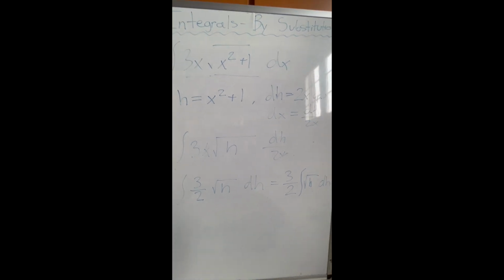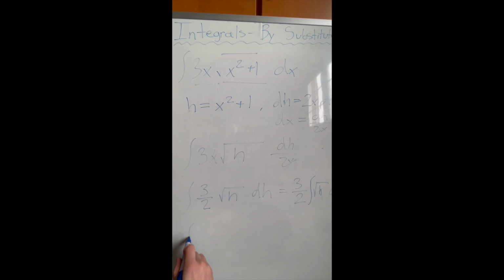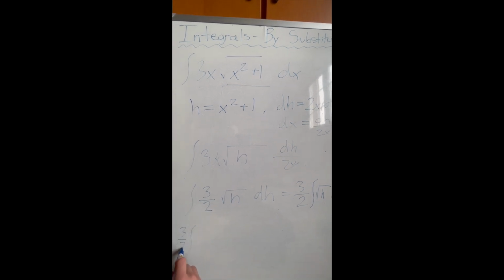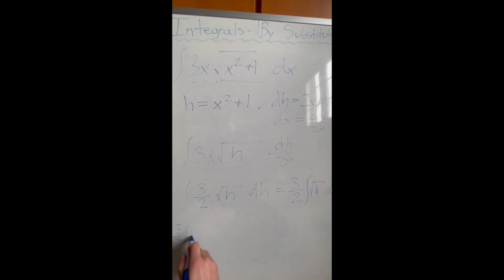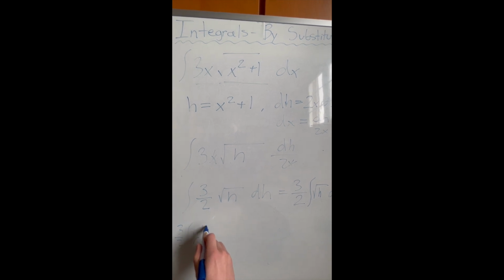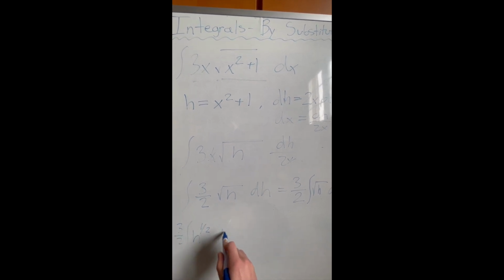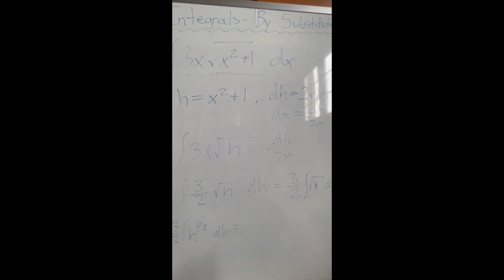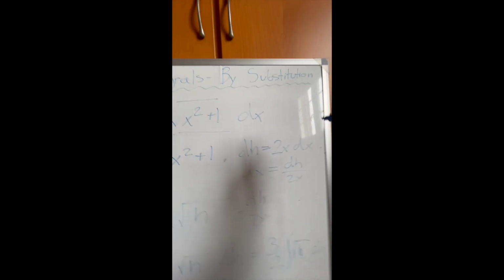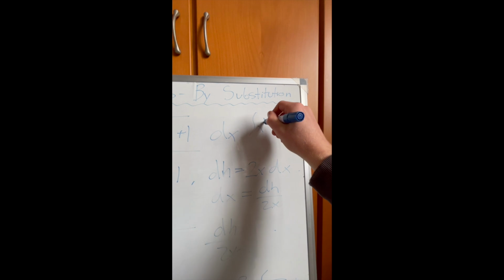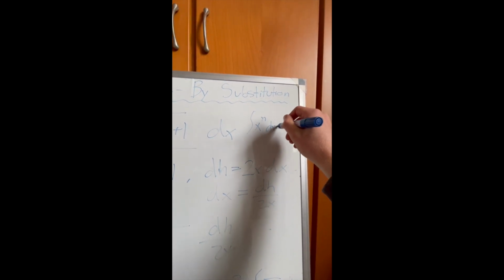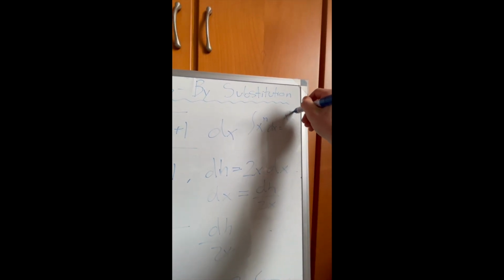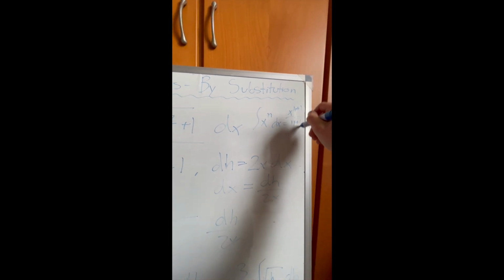To integrate this, all you do is, we rewrite this as h to the power of 1/2 to understand it better, times 3/2. And now we can use the method that we had here, that was the integral of x to the power of n dx is equal to x to the power of n plus 1 divided by n plus 1.